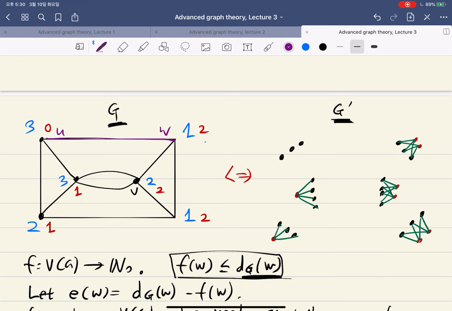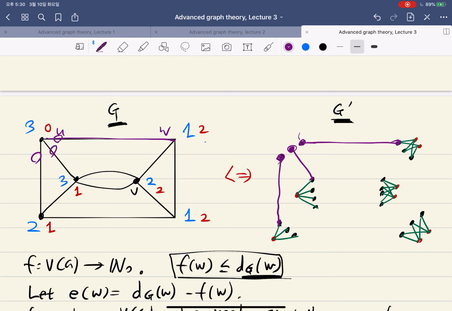This vertex is already used, so we will not use this vertex anymore. But there are 3 edges here, so we have 3 vertices. So you take the second one and you connect it to one of these. You take this and you connect it to one of these.